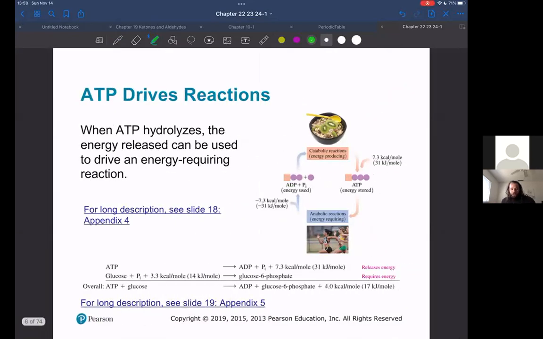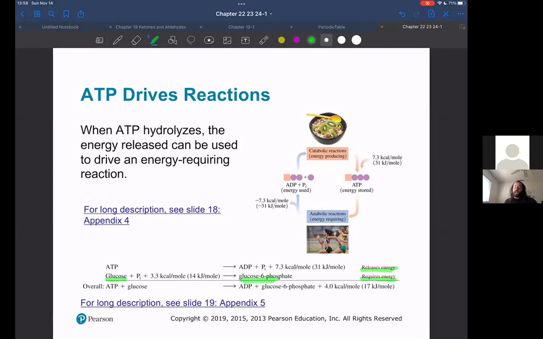Okay. So how does this work? Basically, the cell pairs this very favorable reaction, the hydrolysis of ATP, with reactions that are energetically unfavorable. For example, converting glucose to glucose 6-phosphate requires an input of energy, but pairing it with the hydrolysis of ATP will release energy, and so it makes that reaction a net favorable reaction.